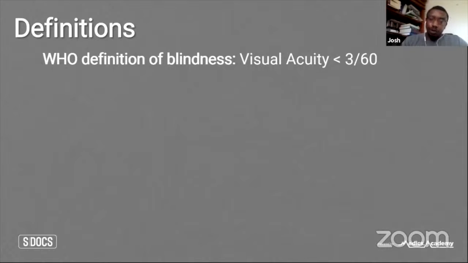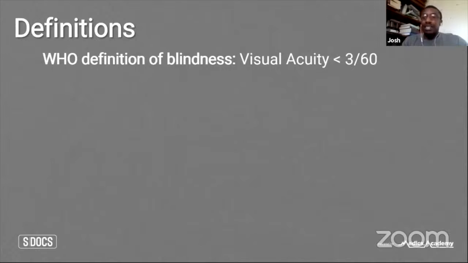Now, to explain that visual acuity score, visual acuity is how well you see, basically. It's how sharp your vision is. 3/60, when it's written like that, is how your vision will be measured by Snellen chart. Snellen chart is that chart that's very common in opticians and ophthalmology clinics, where it's a white background and letters on it. The letters get smaller as you come down the chart, and that's how they will measure your visual acuity.